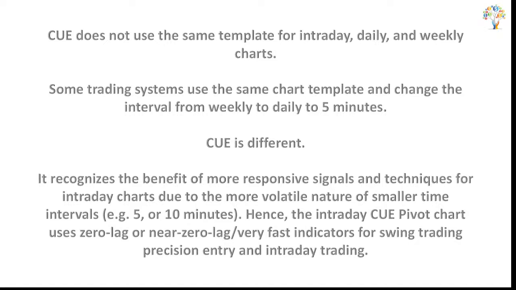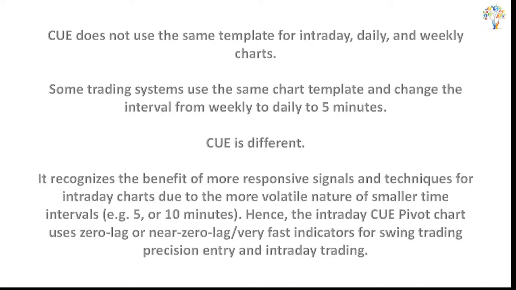It recognizes the benefit of more responsive signals and techniques for intraday charts due to the more volatile nature of smaller time intervals, for example 5 or 10 minutes. Hence, the intraday Q pivot chart uses zero lag or near zero lag very fast indicators for swing trading, precision entry and for intraday trading.